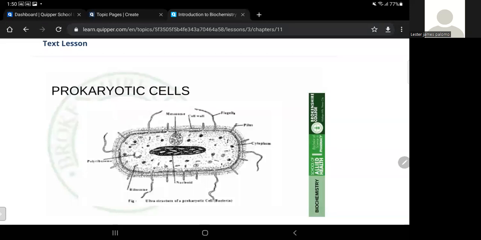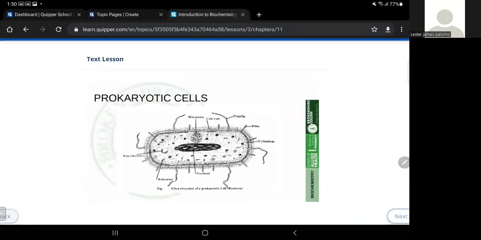And then we have the pilus. The pilus has different functions, di ba? It could be sex pili, or it could be for attachment or adhesion purposes. Then we have ribosomes, and among others. So let us go through its cellular structures one by one.